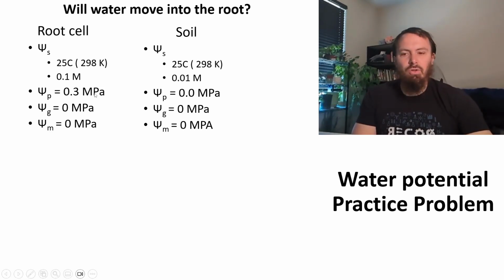The pressure potential is 0.3, and gravity and matrix potential are negligible, so 0. Now for soil, there's no turgor pressure, so pressure, gravity, and matrix potential are all negligible and 0. The solutes are at the same temperature, 25 C, 298 Kelvin, and 0.01 molarity.